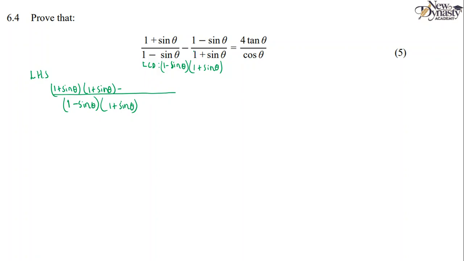So 1 plus sine theta will cancel the one in the LCD. So you're going to be left with 1 minus sine theta multiplied by 1 minus sine theta. So that is what is left.